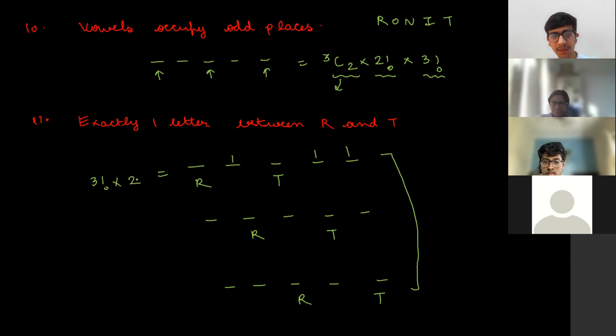So 3 factorial into 2. Similarly, for these cases, it will be 3 factorial into 2, 3 factorial into 2. And these are all the possible answers. So I'll add all of them, or I can say it will be 3 into 3 factorial into 2.